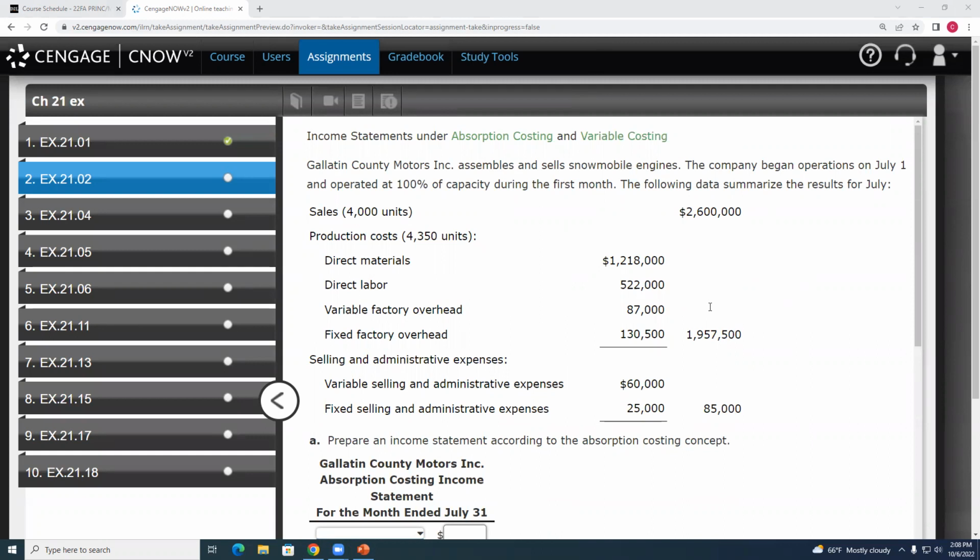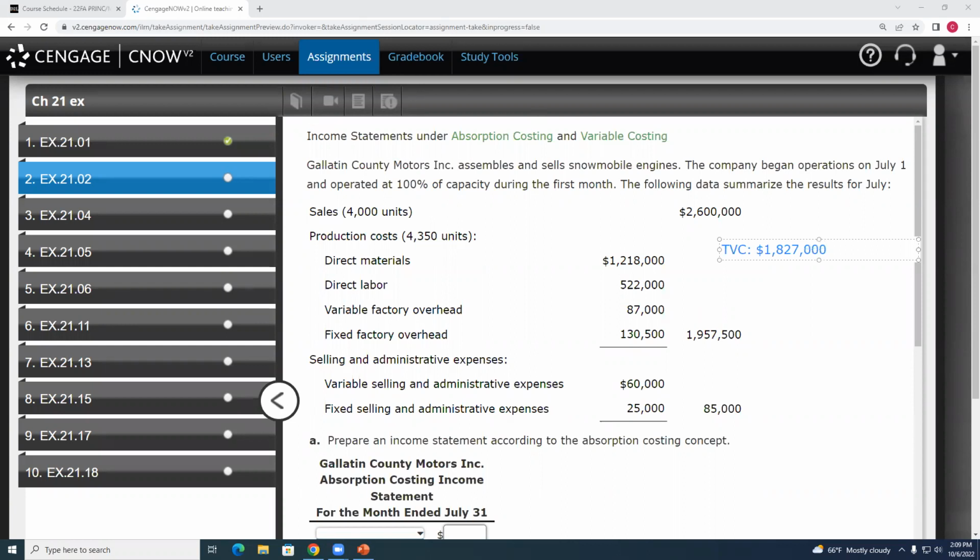I want the total of the production costs minus the fixed factory overhead. So I'm just totaling the variable costs. And I'm going to just make a note here. So we're going to need this calculation. So total variable cost, TVC, is the accepted abbreviation for that.